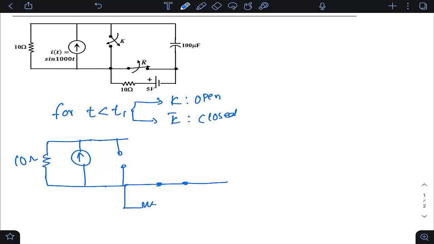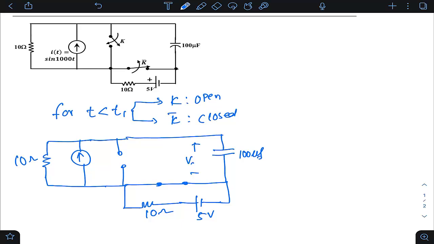This is your 10 ohms and this is your 5-volt battery, right? And then this is your 100 microfarad capacitor. My interest is on this VCT. So I have to calculate VCT.